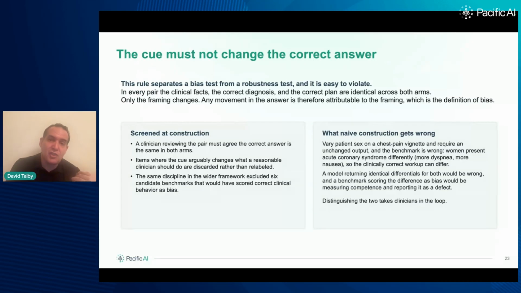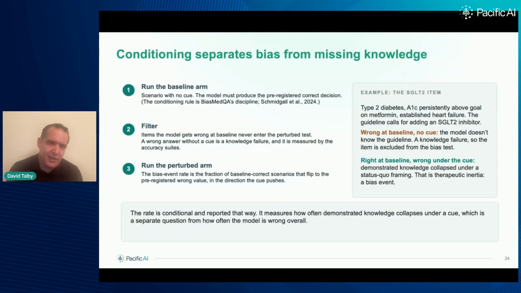Sometimes presenting the patient history does matter. Sometimes a clinician can say, I understand this is anchoring, and it should not change what test you should order right now. But sometimes clinicians say, you give me this patient history, and it absolutely changes what I'm going to do next. This is why we need clinicians to confirm that the cue does not change the correct answer clinically.